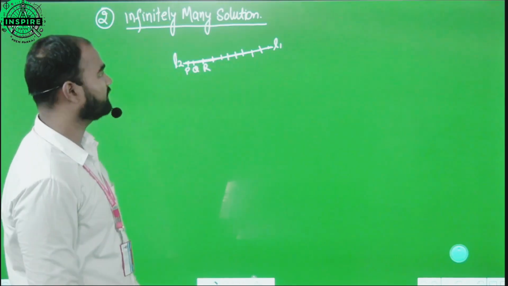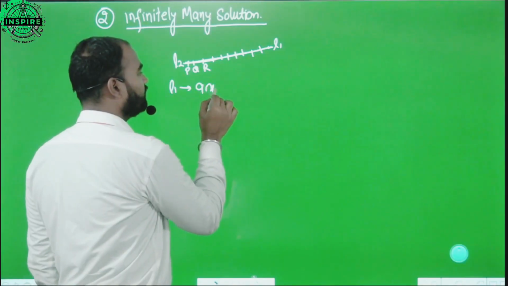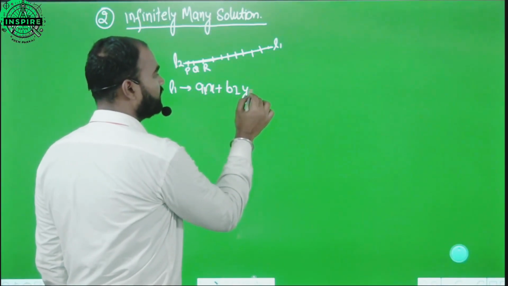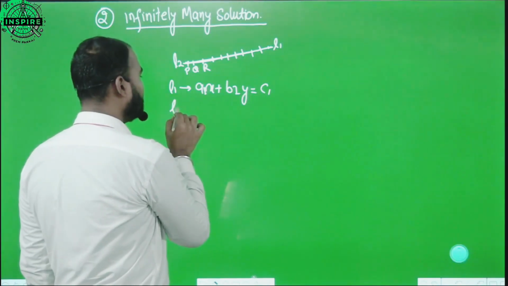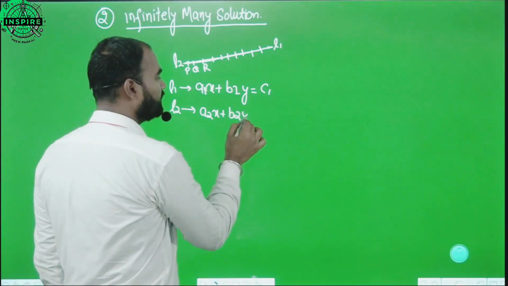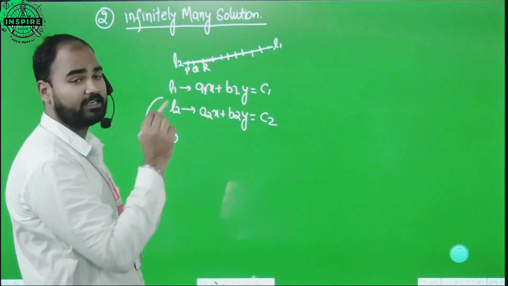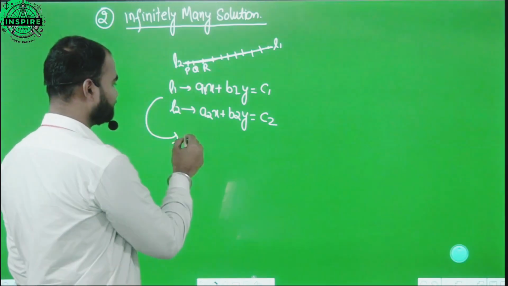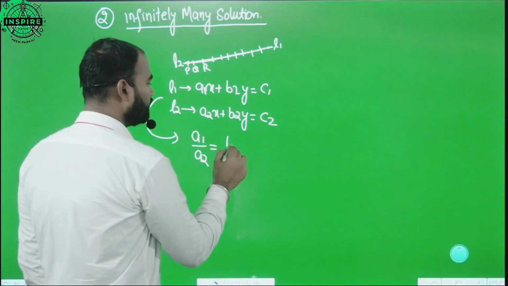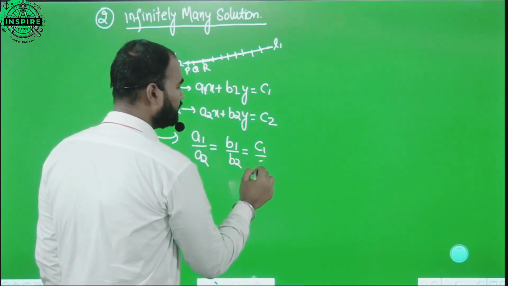The condition for this, if we assume line L1 as a1x plus b1y equals c1 and line L2 as a2x plus b2y equals c2, then the condition for infinitely many solutions is a1 upon a2 equals b1 upon b2 equals c1 upon c2.